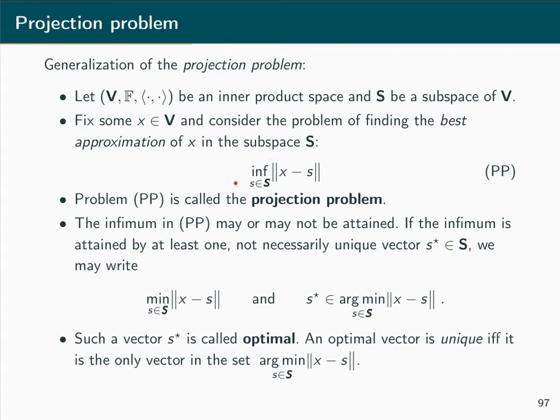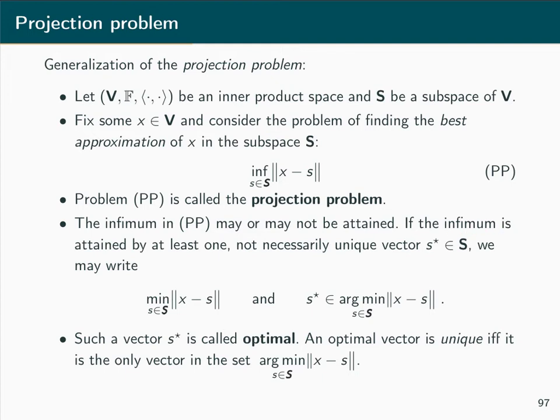In the statement of the projection problem, we have been careful to use the infimum instead of the minimum, because we're not sure yet whether such a vector s in S actually exists that attains the infimum of this length.